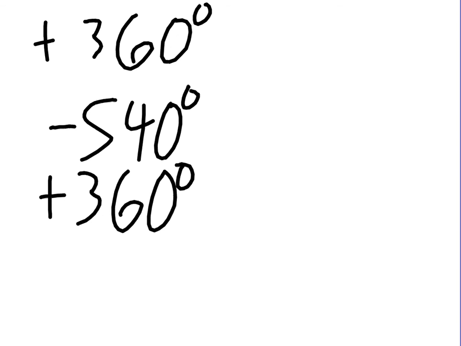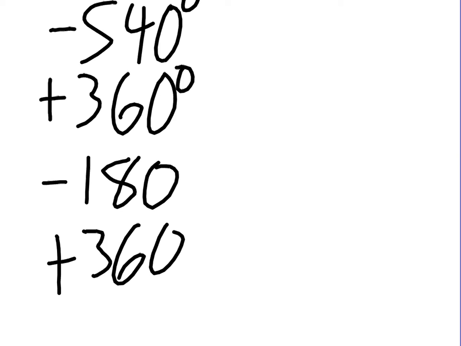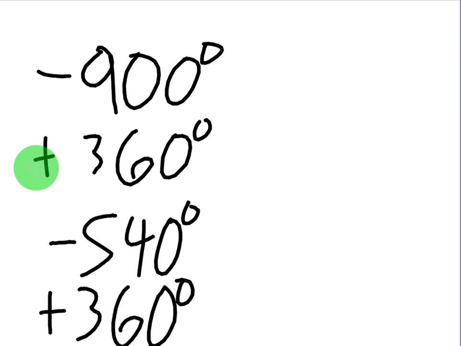Doing this would give you negative 540, then negative 180, and you'd have to add 360 one more time, and then you would end up at positive 180. It's kind of crazy to think that negative 900 is the same as 180, but it is. It's actually 1,080 degrees smaller than 180, which makes sense. It's a multiple of 360.